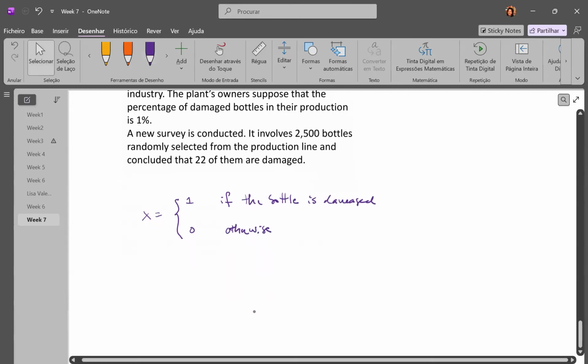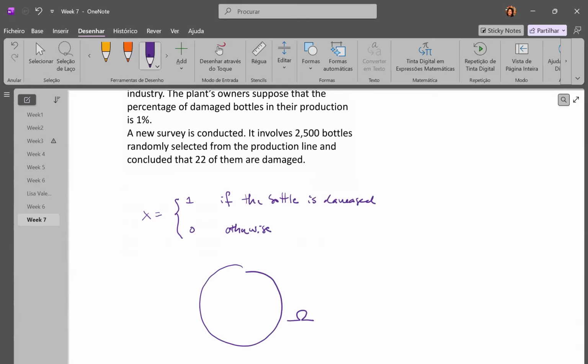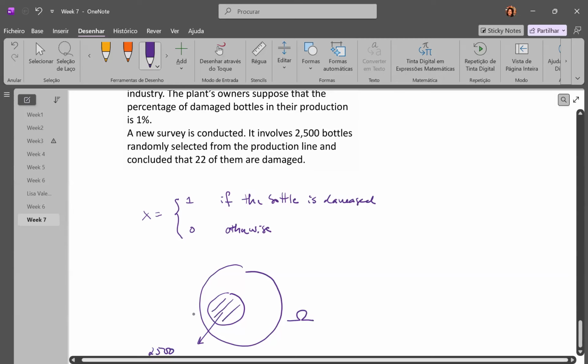Yes. Now tell me, Juan, you have the universe here, that is the entire production of the factory, and you have a sample here, with 2,500 individuals, and to each single one of them, you're going to apply a Bernoulli, right?